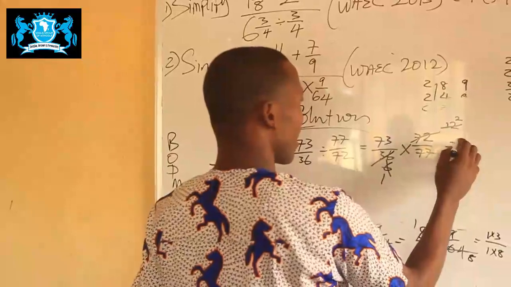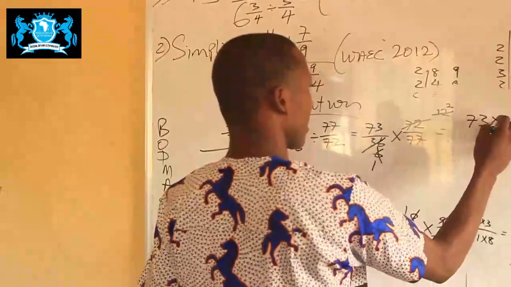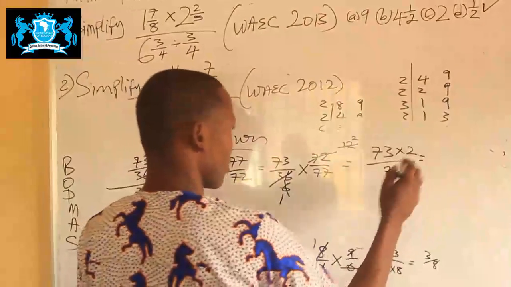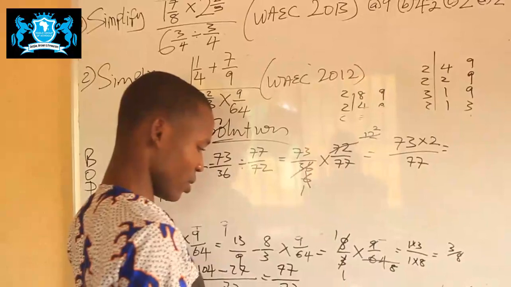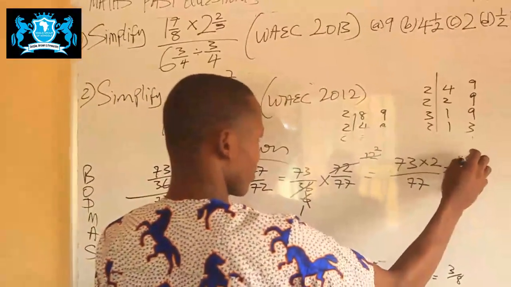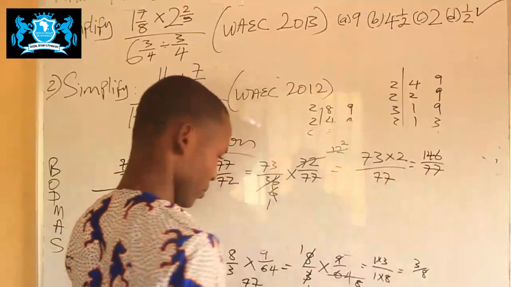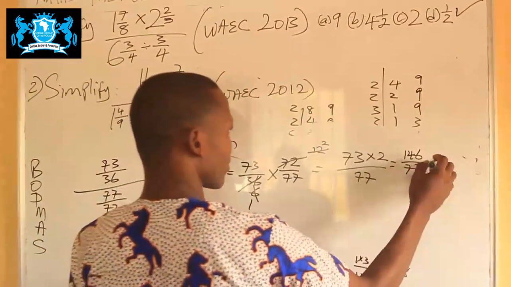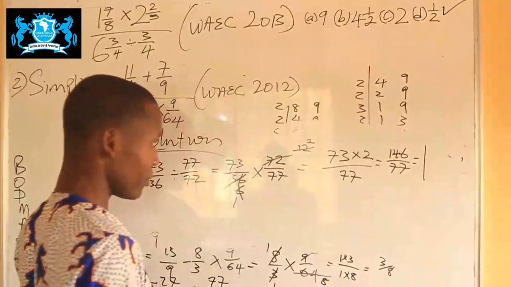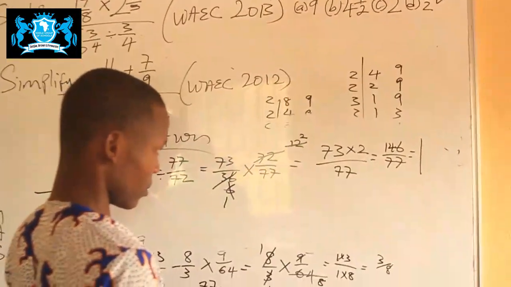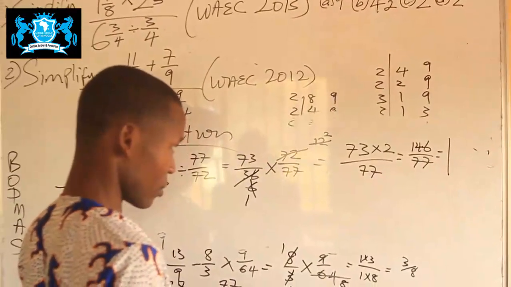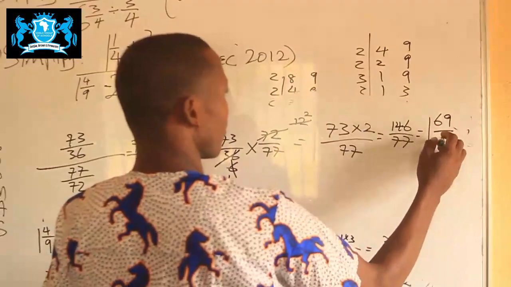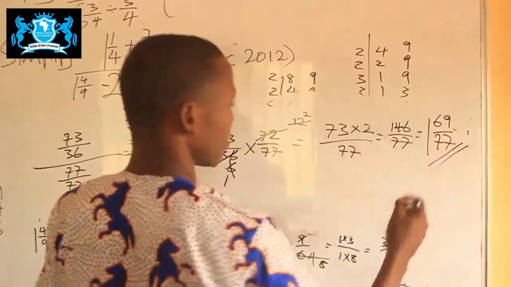So we will have 73 times 2 all over 77, which is 146 over 77, which will now give us one whole number 69 over 77.